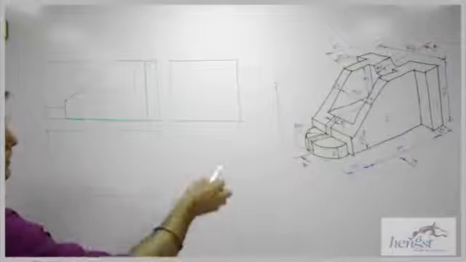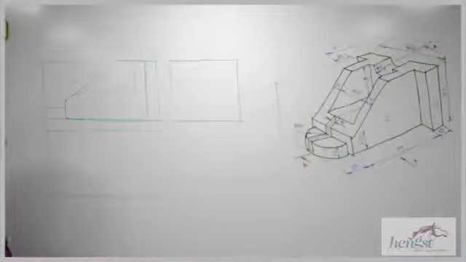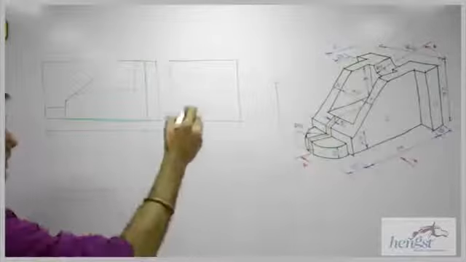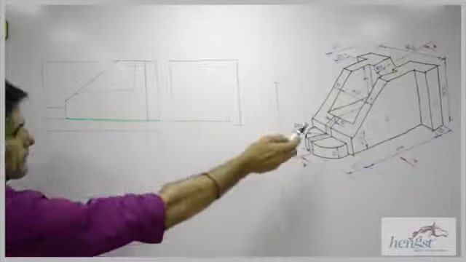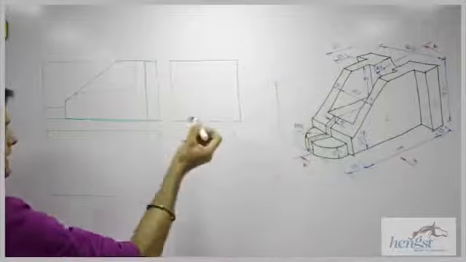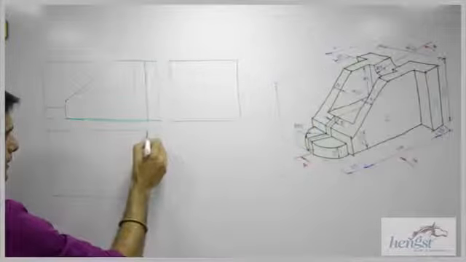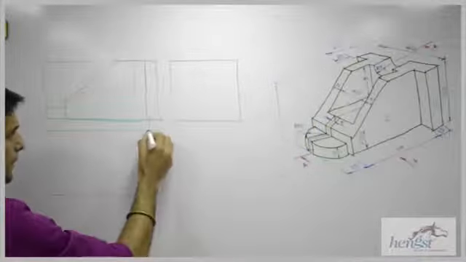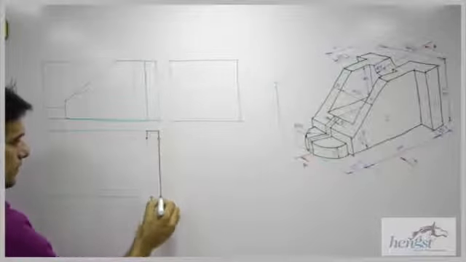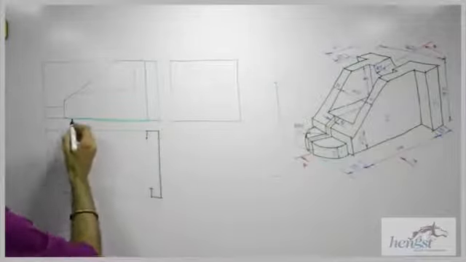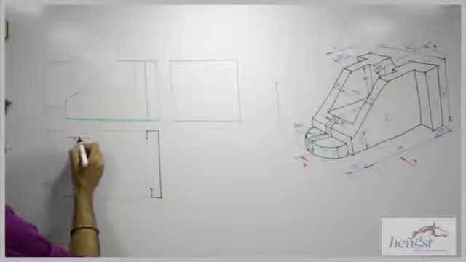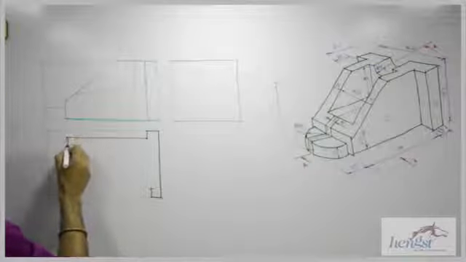Now we'll see the top view. In the top view, you can project from the front view this part. How much is it? See, it is given 10, 40, 10 and that is 80. So you can take 10, 10 on both sides. This will be full dark. Then till 110 we have this.